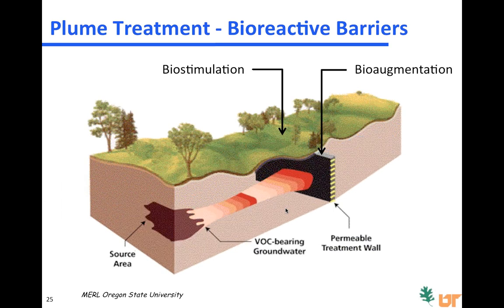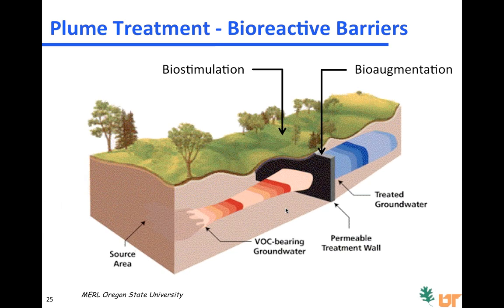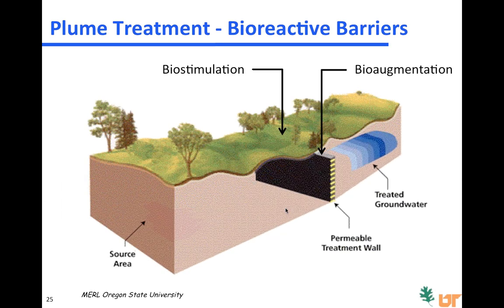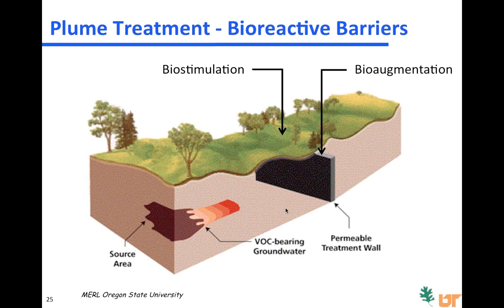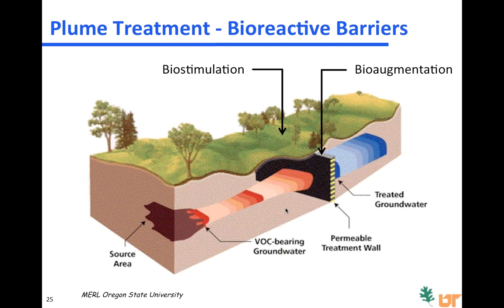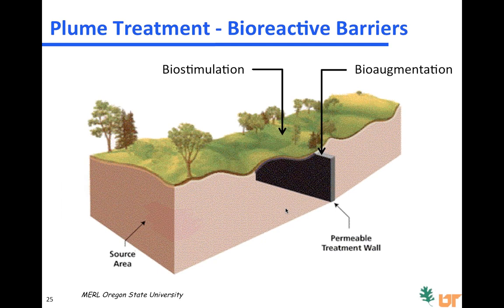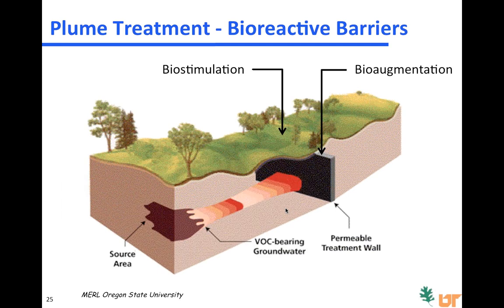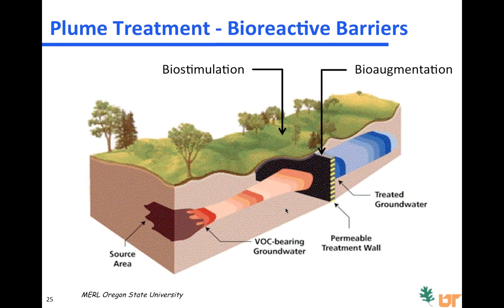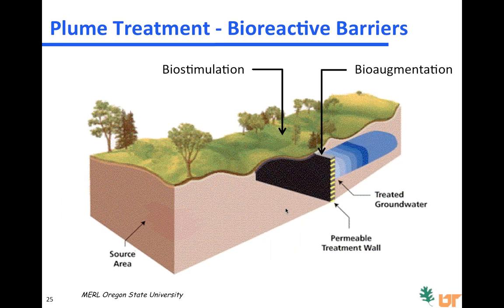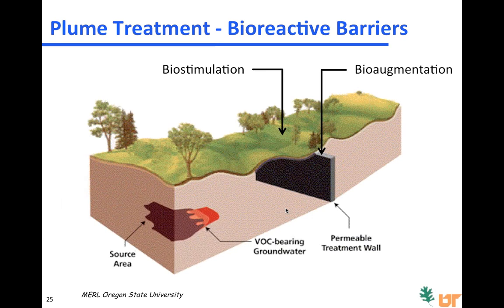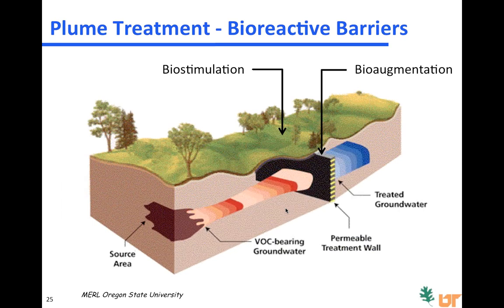So this technology is commonly applied to achieve reductive dechlorination using D-helicocoides. Now it could theoretically also be applied to achieve aerobic vinyl chloride degradation. But that hasn't been done very often and is probably less likely to be successful.